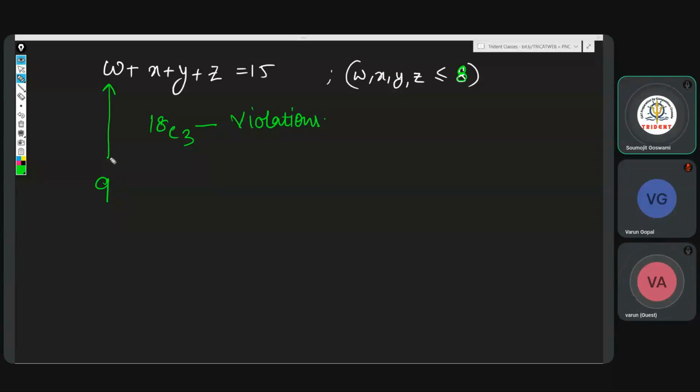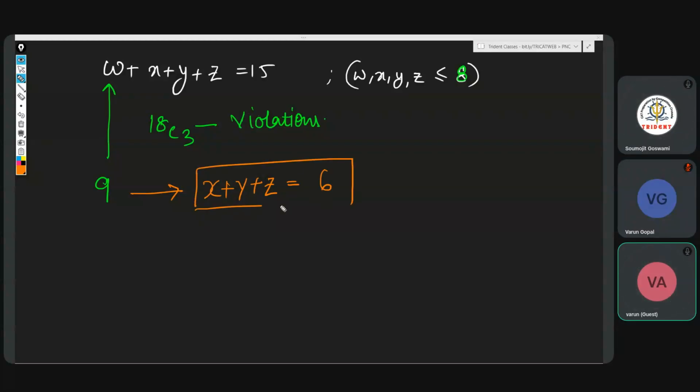But now, substituting w equals 9 makes, guys, please follow my words, x plus y plus z equal to 15 minus 5, that is 10 minus 4, that is 6.